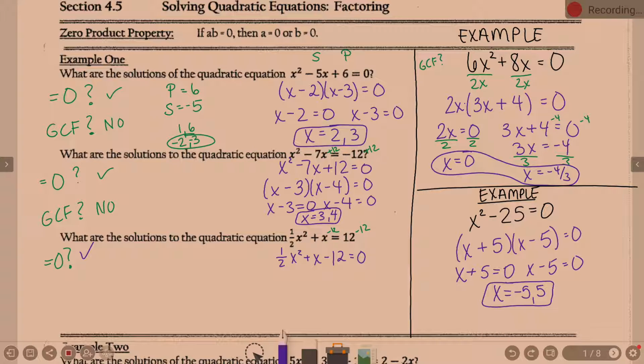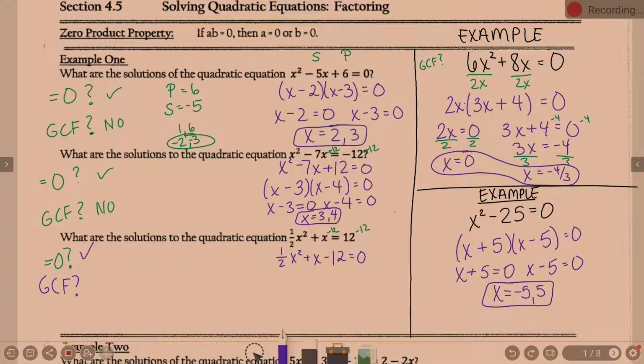Okay. Next thing. What was our other question we were asking ourselves repeatedly? Well, okay, so the question is, is there a GCF? I don't know if you called it a GCF or not.